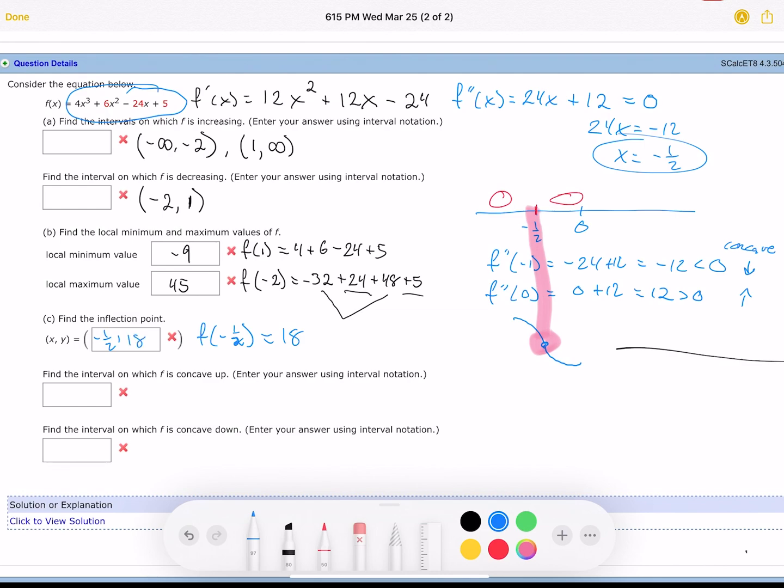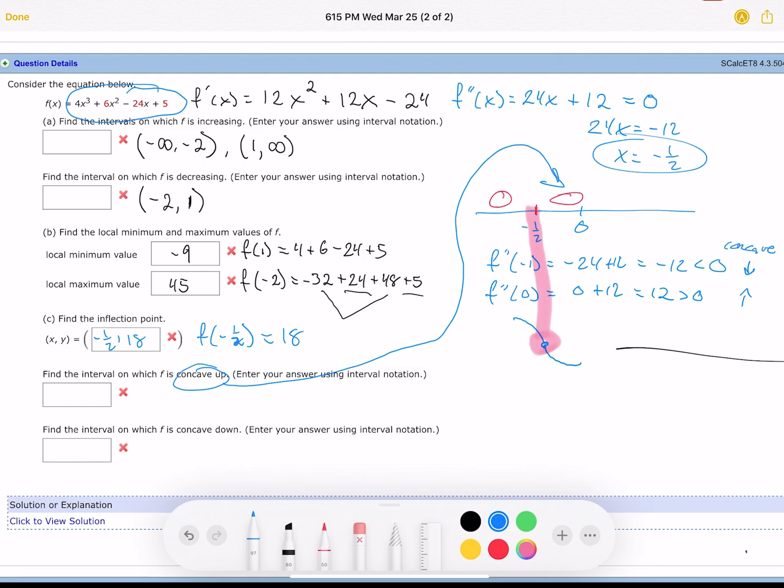Find the interval on which our function f is concave up. We determined using a test value that our function was concave up, testing an x value of 0, which was to the right of negative 1/2.